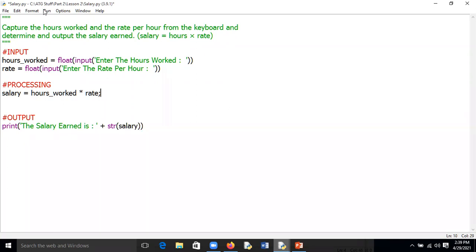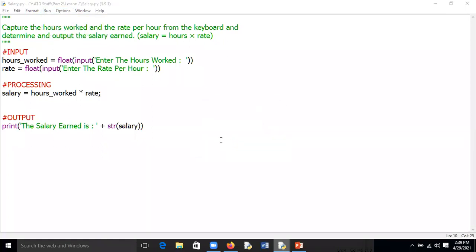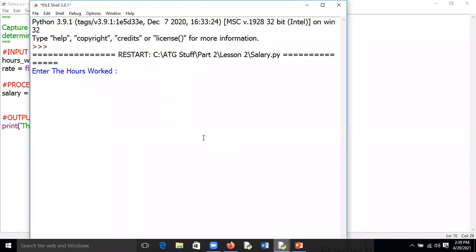Right, so let's run this and see what we get. Okay, so let's assume you worked 12.5 hours and your rate of pay was 67 Rand 48.